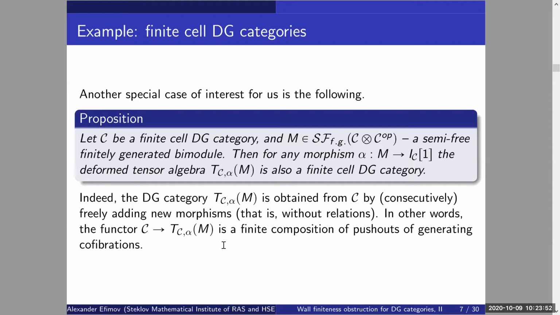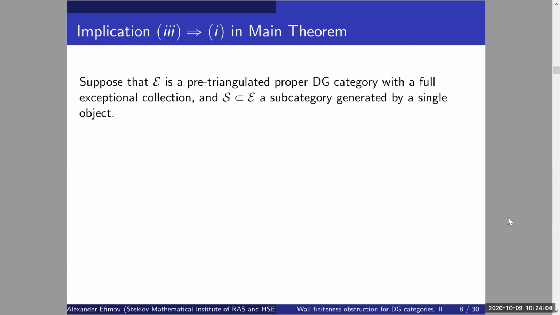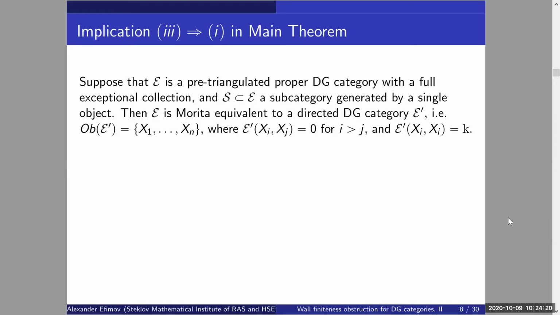Another way to say the same thing is to say that this functor is a composition of push-outs of generating cofibrations, which I mentioned yesterday. Okay, so now probably one of the easiest implications, that 3 implies 1. If we have this quotient of a category with a full exceptional collection by a subcategory generated by a single object, then we can replace this E by a directed DG category.